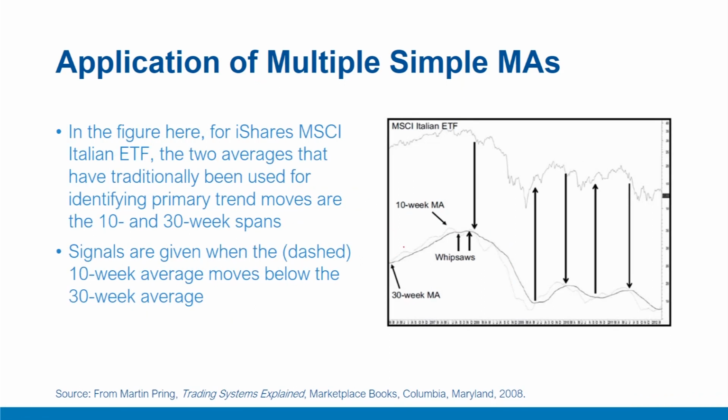In the figure here, notice the iShares MSCI ETF. The two averages of 10-week and 30-week are plotted. These have been used to identify the primary trends. Signals are given when the dashed line, this is the 10-week MA, moves below the 30-week average.